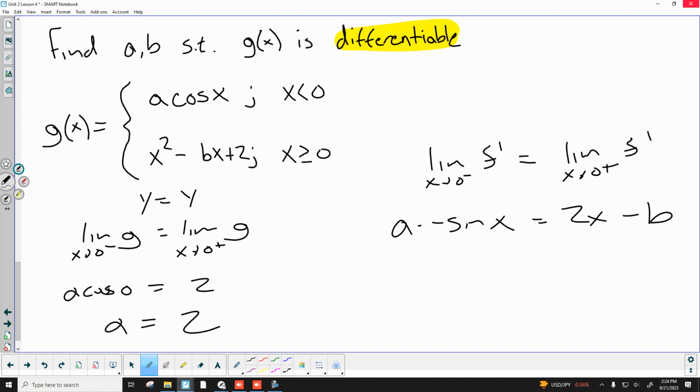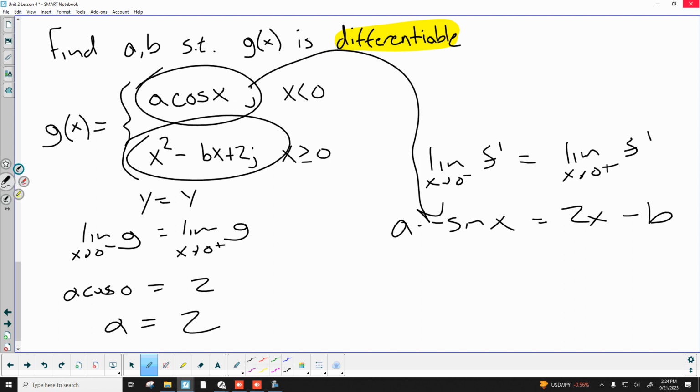So I get a times negative sine x is the derivative of this piece. I get 2x minus b is the derivative of the second piece.